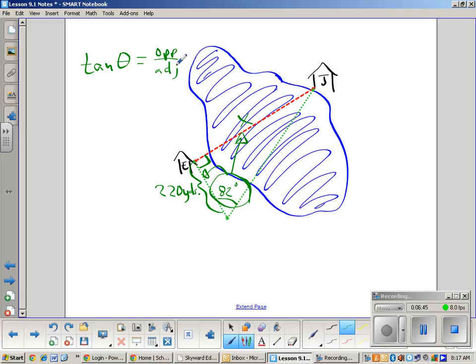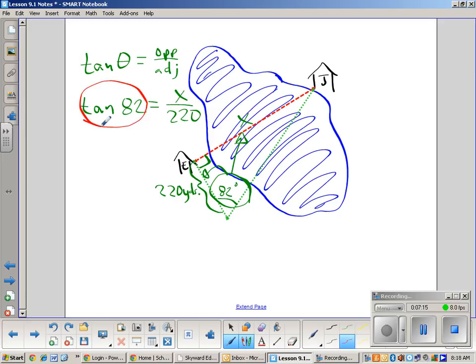And so now if we substitute in what we know and don't know, we say tan of what? 82 equals x over, what'd you say? 220. Okay? Tan of 82 equals x over 220. And so if I want to solve, here's the tricky part.